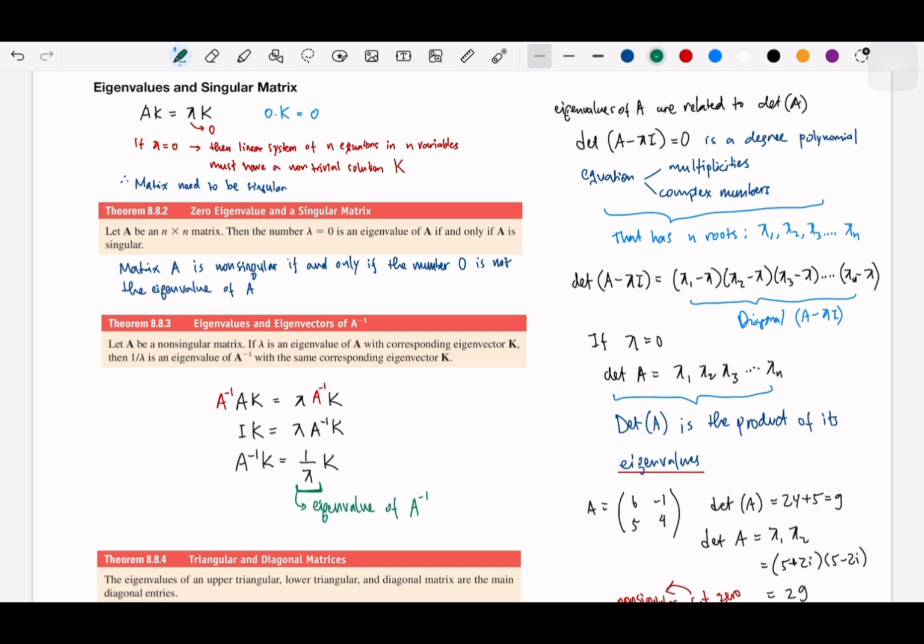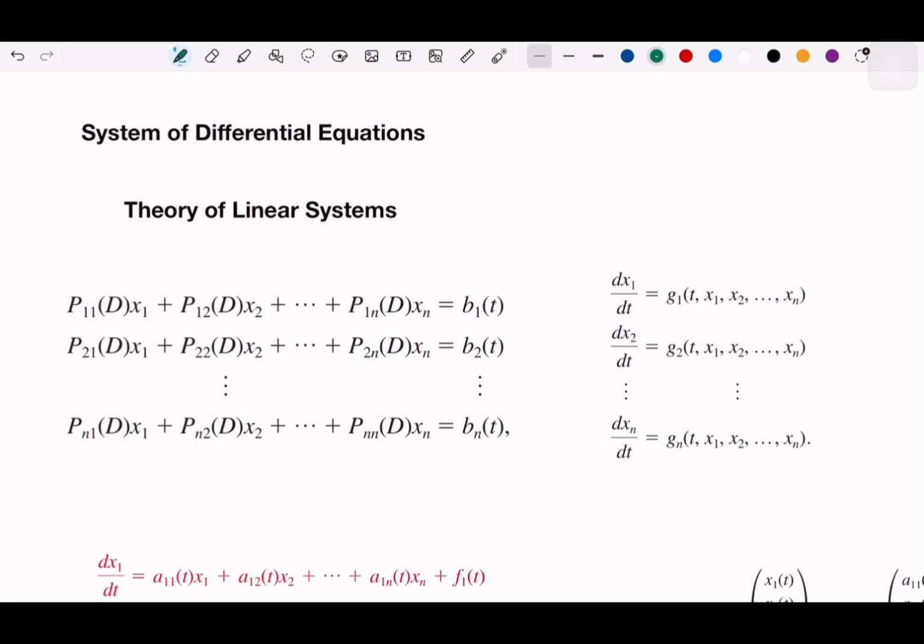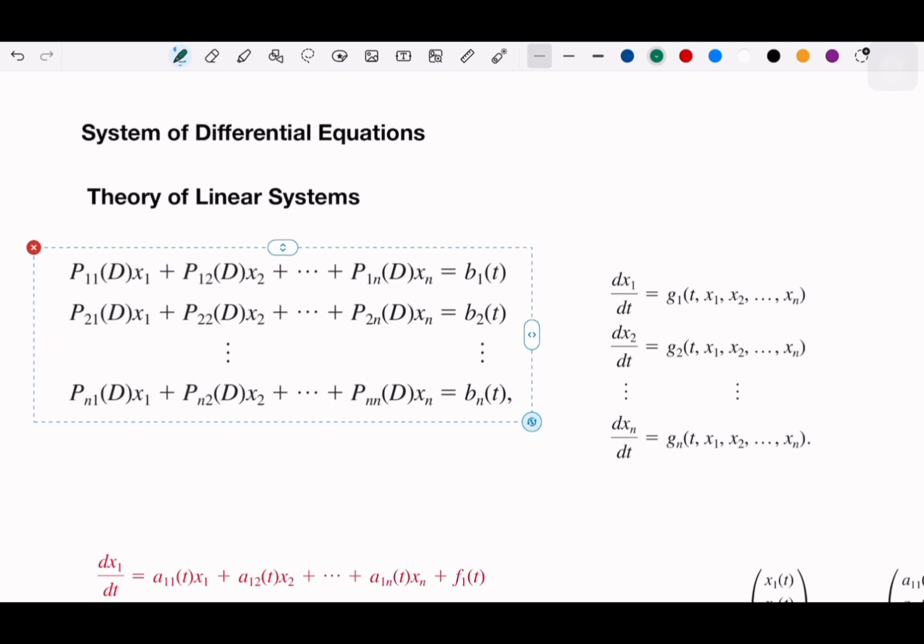Let's rephrase all the definitions in the form of matrix, which means we start by taking a system of differential equations, and we start with the theory of linear systems. Basically, if we have this P11, P is for polynomials with various degrees, and D is the differential operator.